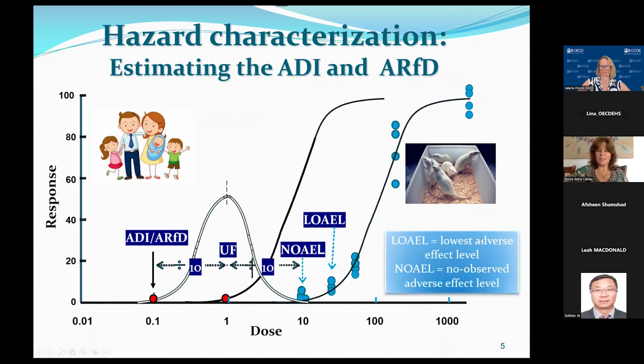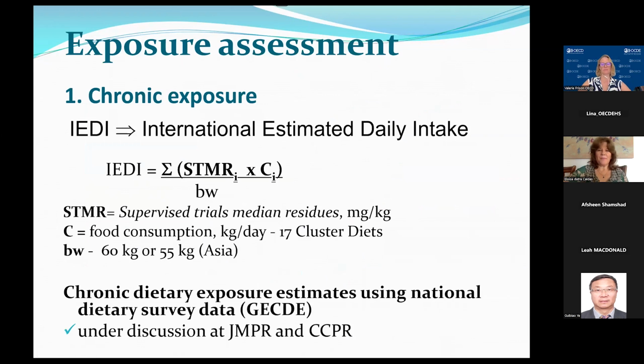Next slide, please. And then we conduct the exposure assessment, as was mentioned. At JMPR, we estimate the international estimated daily intake, for which we use the STMR, as was explained before. Just to remind you that the STMR and the HR are defined based on the residue definition for dietary risk assessment.